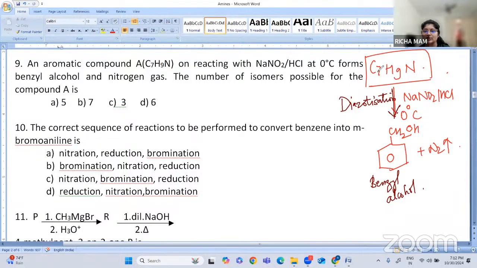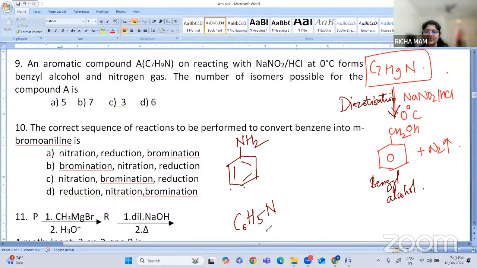If I consider the compound, this is C6H6. If I attach one nitrogen, this becomes C6H5, then one nitrogen, then H2. So now how many H? 1, 2, 3, 4, 5, 6, 7.